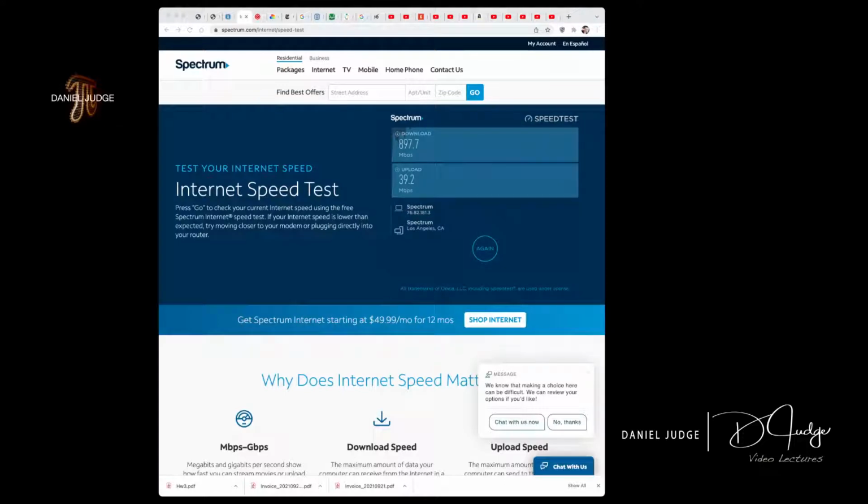Looks like we're at 39.2 megabits per second. And ladies and gentlemen, set YouTube to 1080p to maximize your experience.